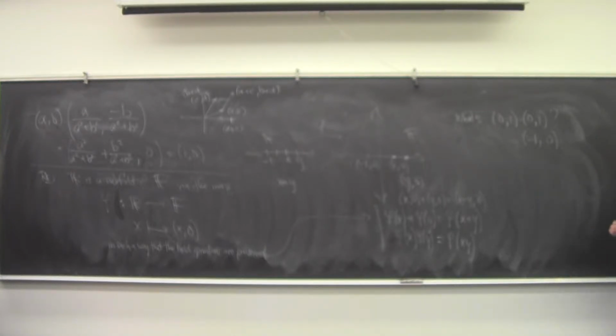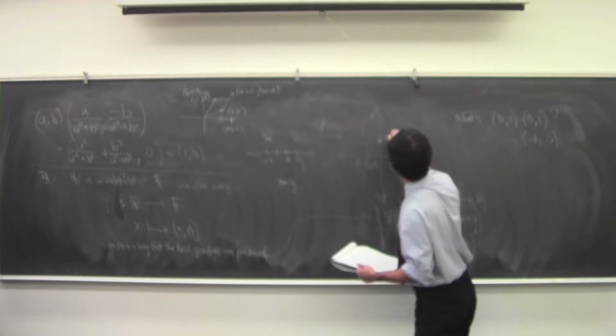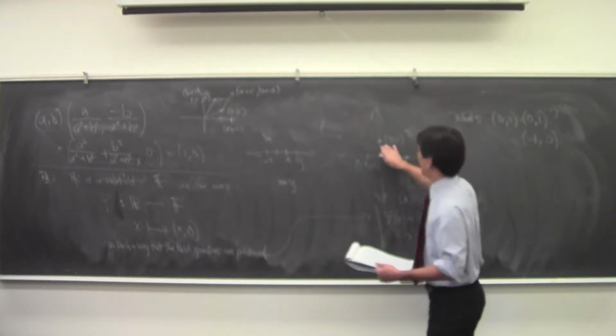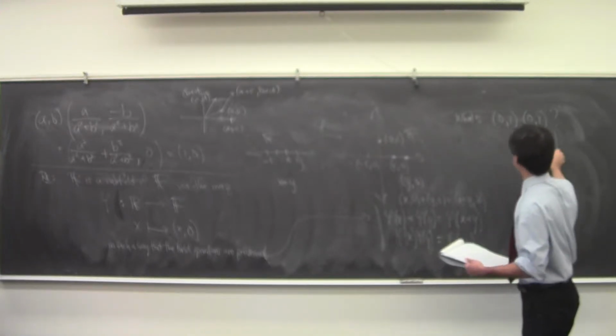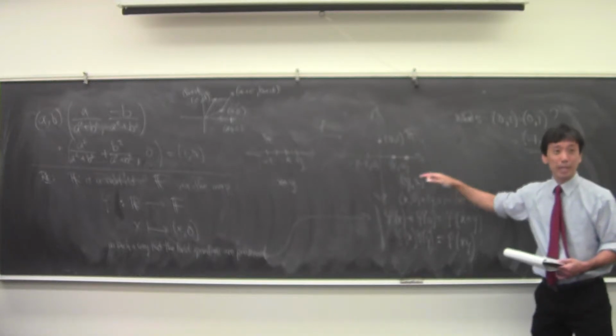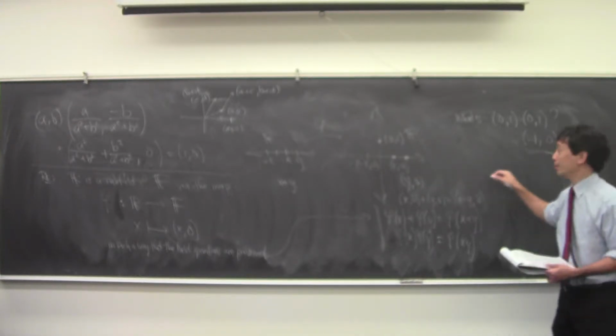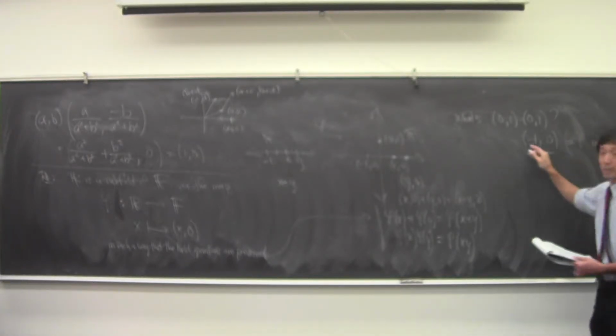Right? So here's the point 0, comma 1. What happens when we multiply it by itself? Well, we get negative 1, 0. Okay. Well, this negative 1, 0 corresponds to negative 1 in the real numbers. If we're thinking about the real numbers, this is negative 1.